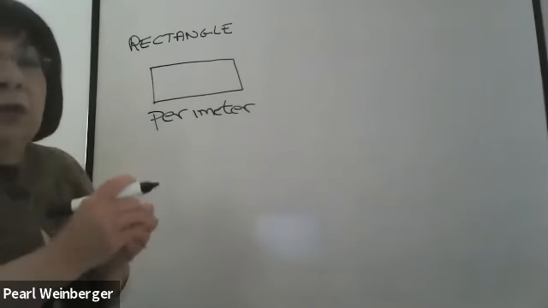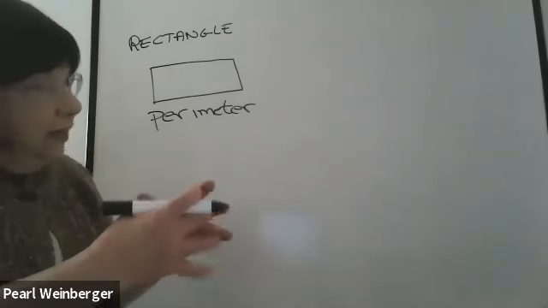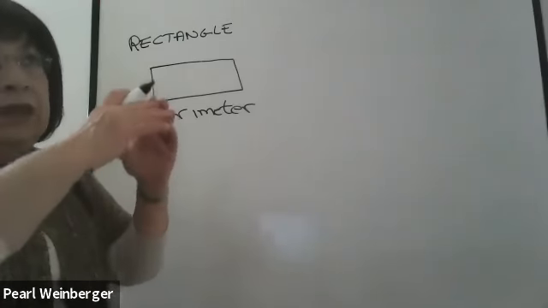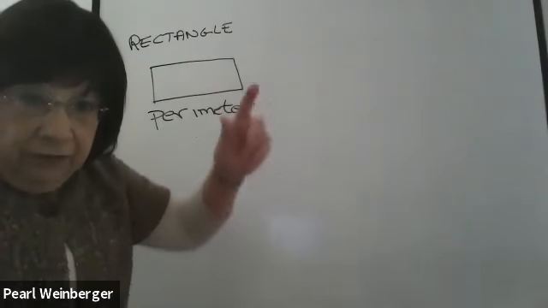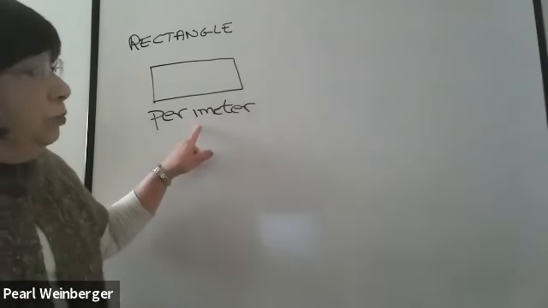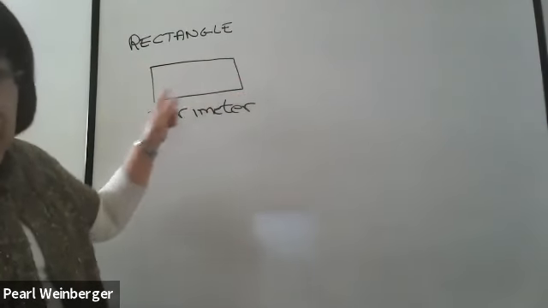Now, the perimeter of any straight-sided figure, whether it's a triangle or a rectangle, or even if you had, let's say, an octagon, let's say the stop sign is an octagon, the perimeter means how much is it all around?